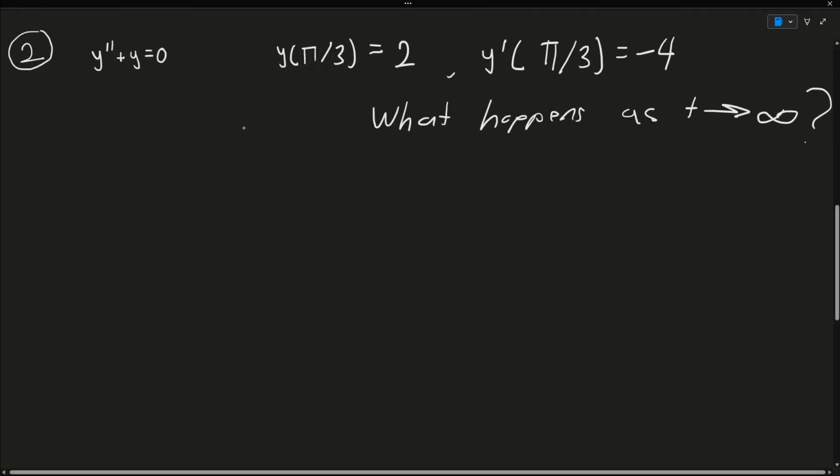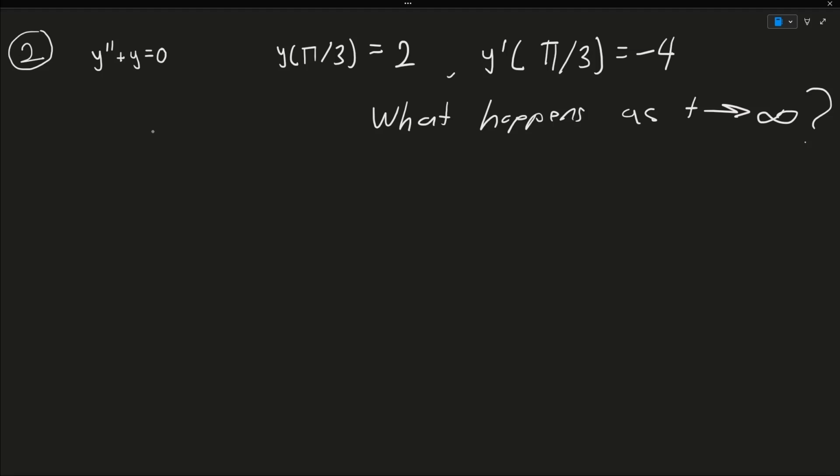Now let's work on this example problem. y double prime plus y equals 0. This initial condition and this initial condition are given, and what happens as t approaches infinity? This is the same type of problem. We're going to start by creating the characteristic equation, since this is a second order homogeneous differential equation.